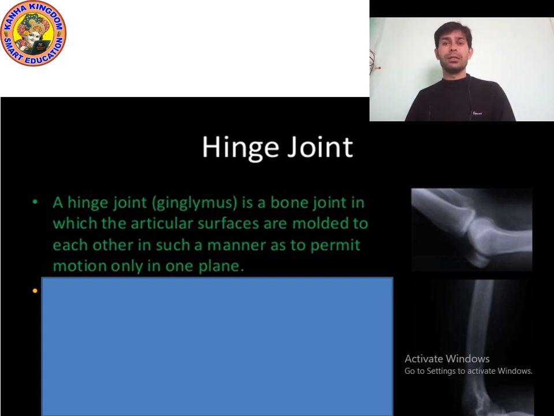Motion is possible in one plane, which means motion is not possible in all directions. I hope you understood. Now let's talk about the next joint, which is the pivot joint.